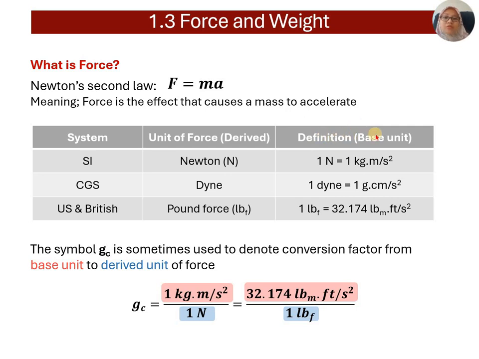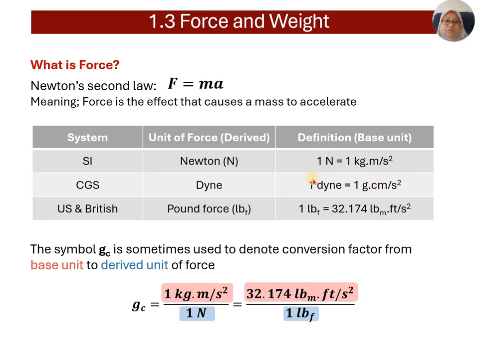The definition or the base units of the unit of force for each system are also different. 1 Newton is equal to 1 kilogram meter per second squared, 1 Dyne is equal to 1 gram centimeter per second squared, and 1 pound force is equal to 32.174 pound mass feet per second squared.